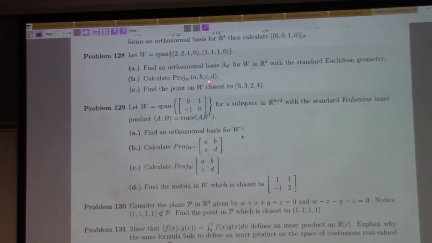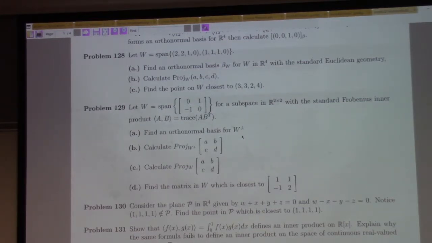Calculate the projection onto W of A, B, C, D. Actually, that's what I just did with the 1, 2, 3 vector. Your answer should be a combination of A, B, C, D in fractions and stuff, right? The point on W closest to 3, 3, 2, 4 would be the projection of 3, 3, 2, 4. So all you have to do is take what you already did in part B and plug in A equals 3, B equals 3, C equals 2, D equals 4. That should be the answer there.